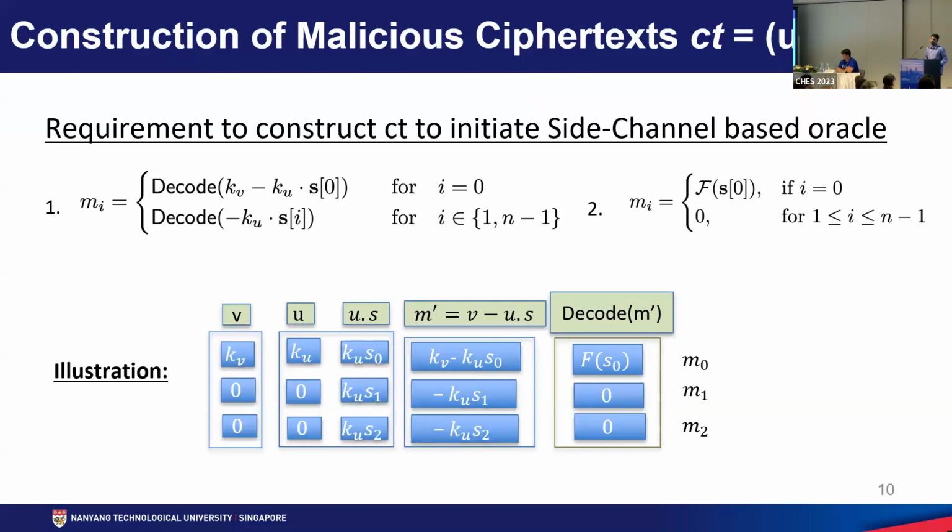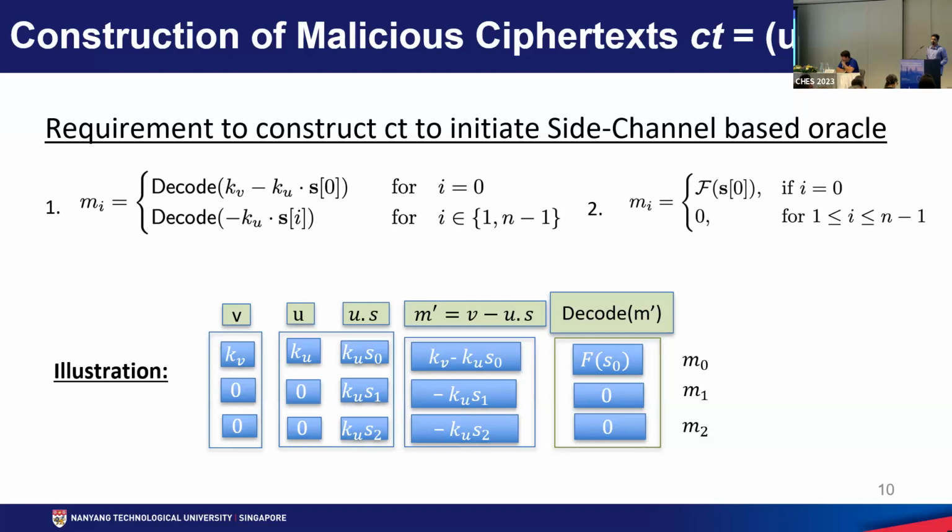Basically, through side channel attacks, we get information about the message bit, whether it is 0 or 1. It is like a plaintext checking oracle. Since we get information about a single message bit, we now need to construct ciphertexts such that we can get information about the secret coefficient from a single message bit.